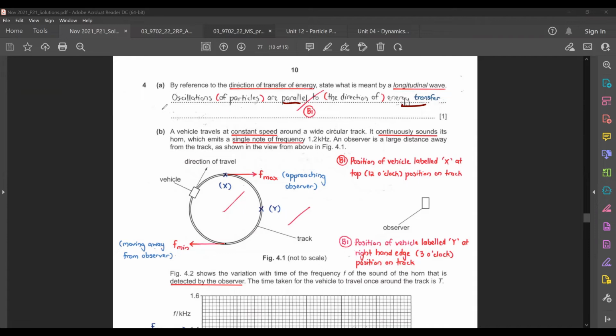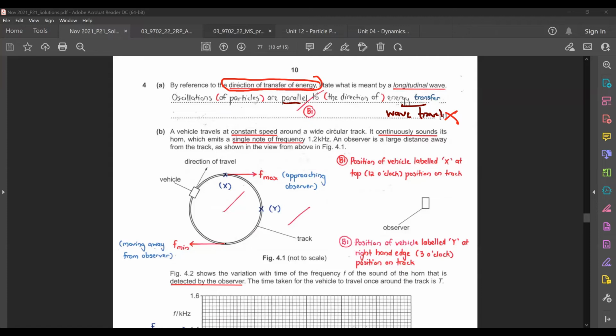Now, if you say oscillations of particles are parallel to the direction of wave travel, this one is not correct because the question says by reference to direction of energy transfer. So if you just follow what was written in the notes where you say oscillation of particles is parallel to direction of wave travel, you would be marked as wrong because they want you to refer to direction of energy transfer.